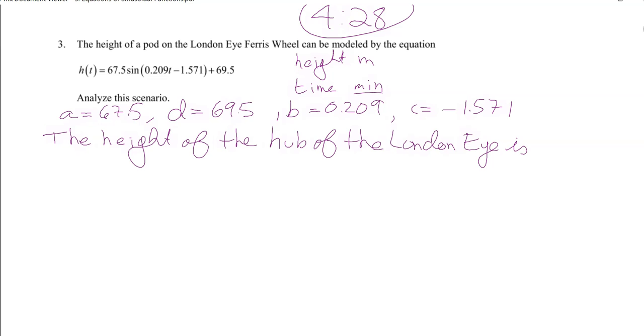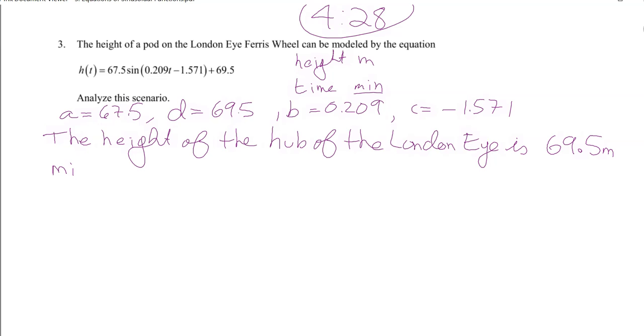What's the height of the hub? Nope. Where's the hub? Center. Where's the center? Midline. Where's the midline? D. So 69.5. So the hub is 69.5 meters.